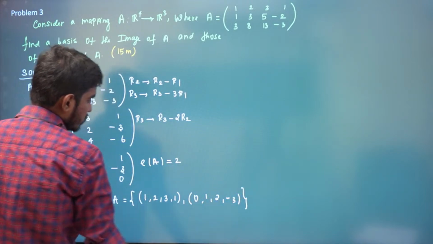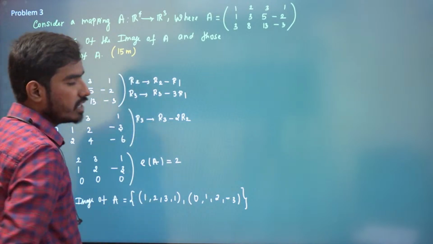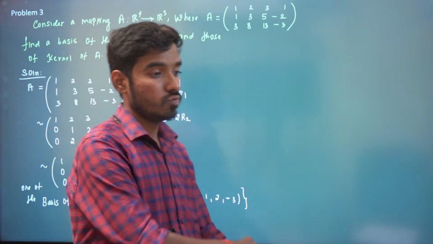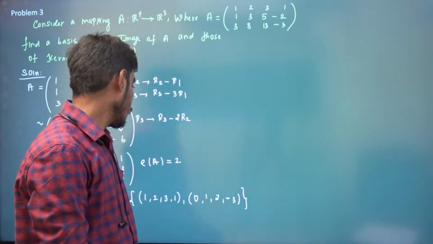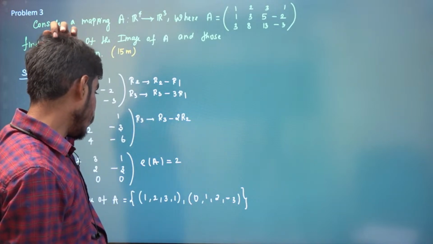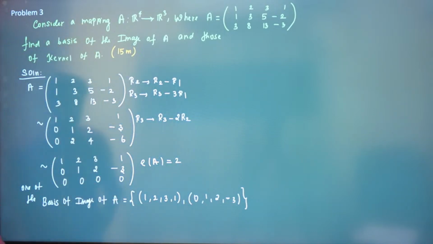It is one of the bases. These two vectors are linearly independent, and these two vectors will span your image space.